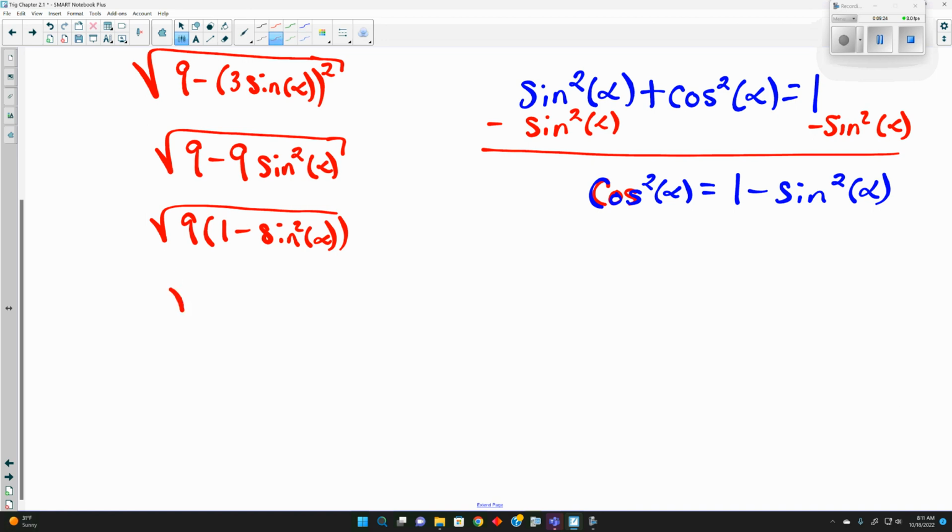Really just tells me over here that I have the square root of 9 times cosine squared of alpha. And square root of 9 is 3. Square root of cosine squared is just cosine. So we get 3 cosine of alpha.